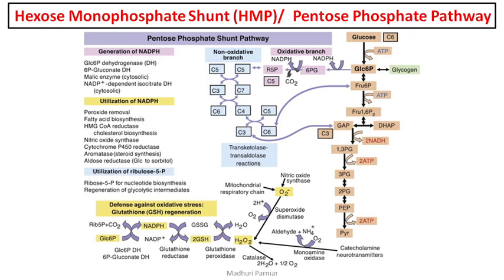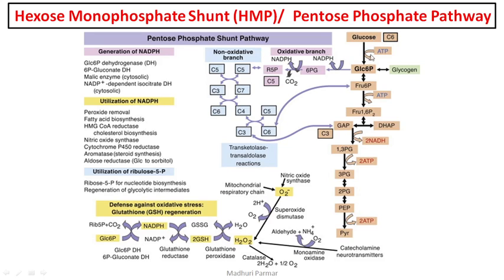There are a lot of exceptions, but just to remember. When you want to synthesize, let us say, fatty acids, you require NADPH. In your body also, for a lot of anabolic reactions, NADPH is required. But during cellular respiration, only NADH or FADH2 was synthesized. So how is this NADPH produced? The answer is the HMP shunt or pentose phosphate pathway.